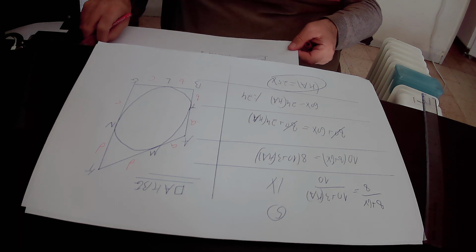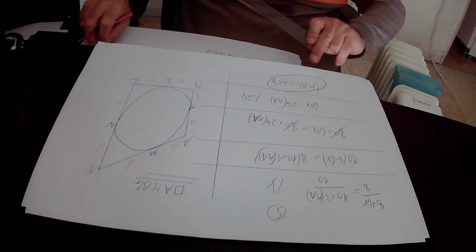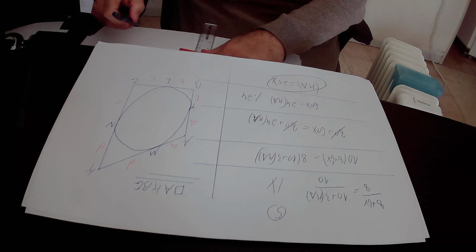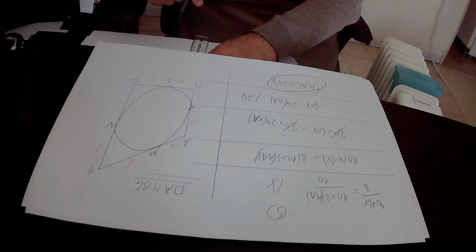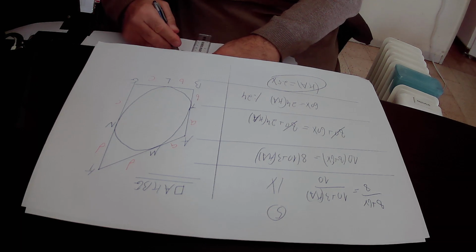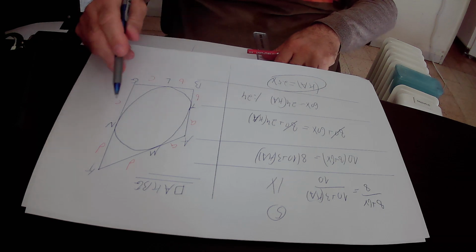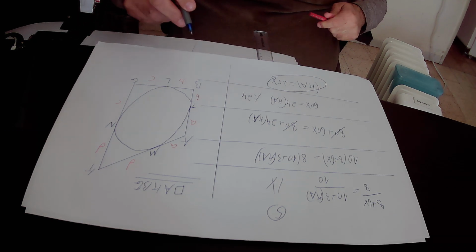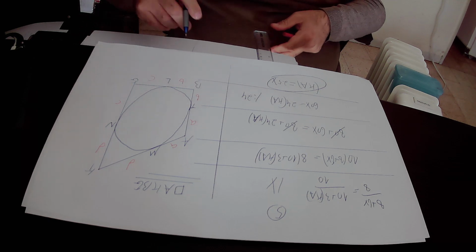Okay, so in the next step, we will add side AK to side BG in quadrilateral AKBG. AK plus BG.